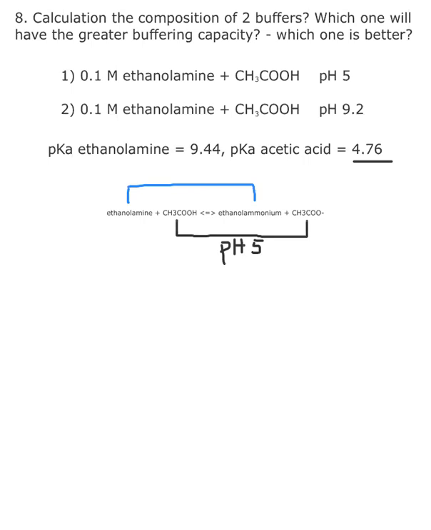Compared to the buffer at pH 9.2, because it's close to the pKa of ethanolamine, at pH 9.2, the pair of ethanolamine and ethanolammonium will work as the buffer.